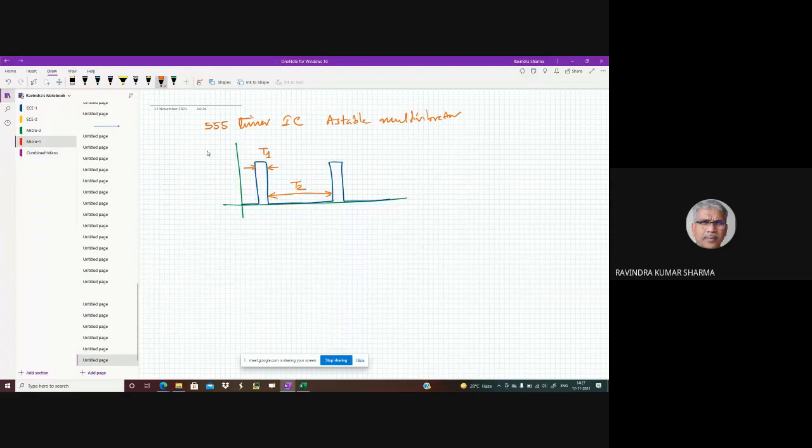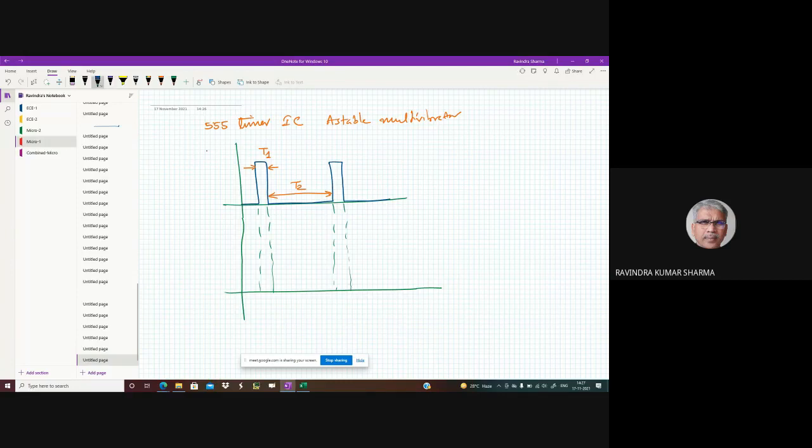And now if this is given to any circuit which generates a triangular wave, you can imagine what kind of triangular wave will be generated. Suppose T2 is causing the positive ramp, and T1 is causing the negative ramp, then you can easily imagine what kind of triangular wave we are going to have.